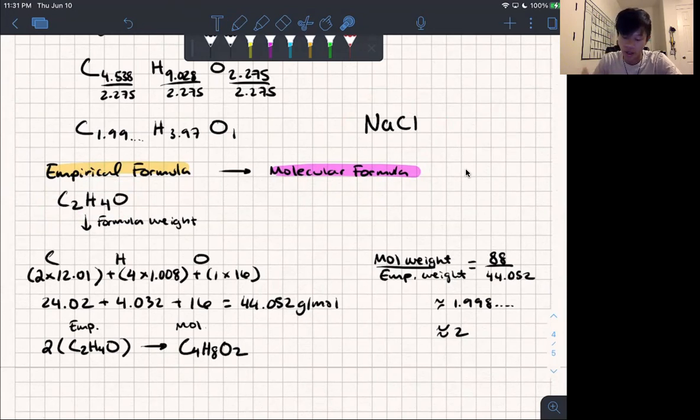It could be Na 1000, Cl 1000, but it's really hard to tell individuals apart. So that's why we just go with the smallest multiple of each, or the smallest whole number ratio of each.